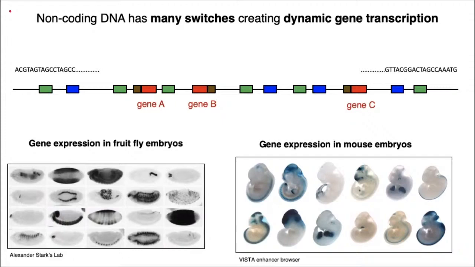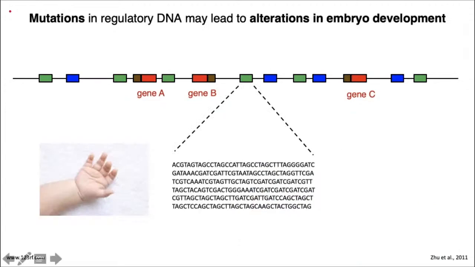But so far I've been describing how the gene regulation system works in a healthy case. In biology, we are also interested in what happens if we disrupt some of these elements, like in the case that we have a mutation in one of these elements, with letters being deleted or changed to a different letter. I'll show you one hypothetical example. Let's say we have one enhancer that has this sequence, and this enhancer is driving expression of a gene in a hand.